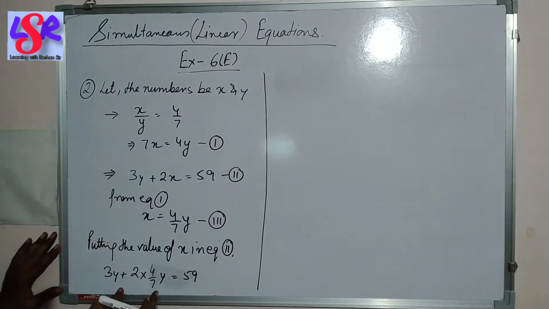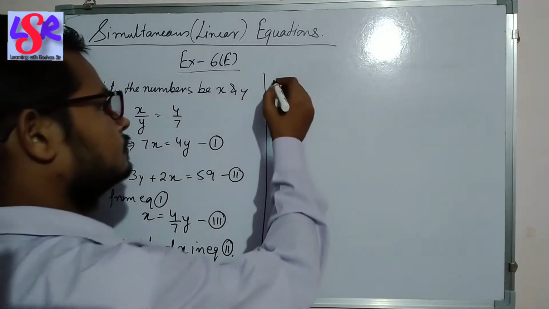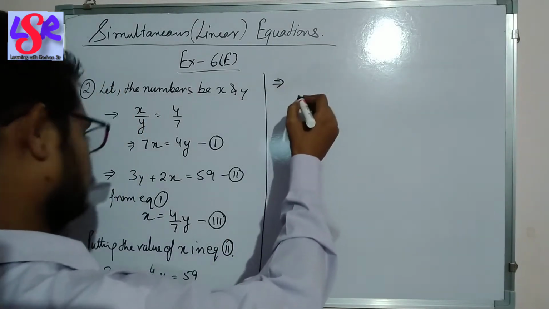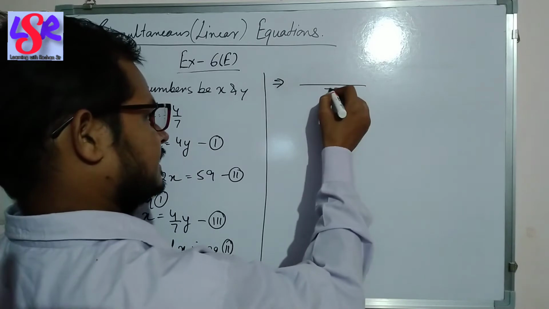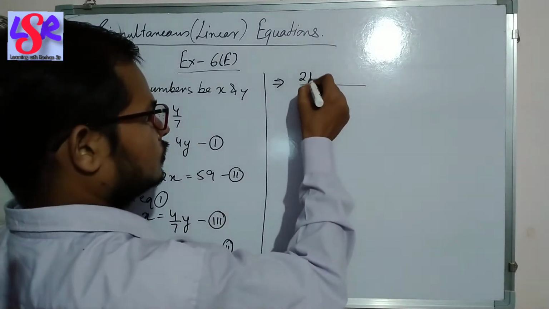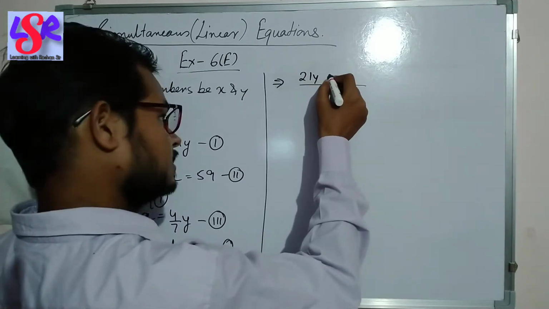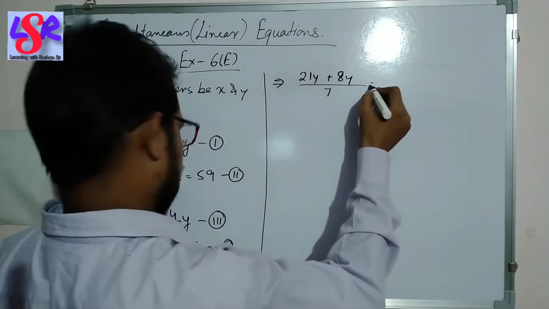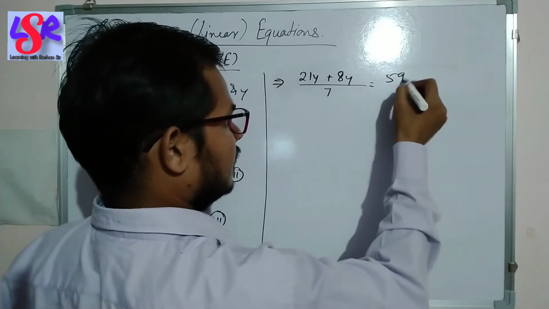Now we take the LCM of these two, and on doing so we get 7 over here, and 3 into 7, that is 21, y plus 8y equals 59.